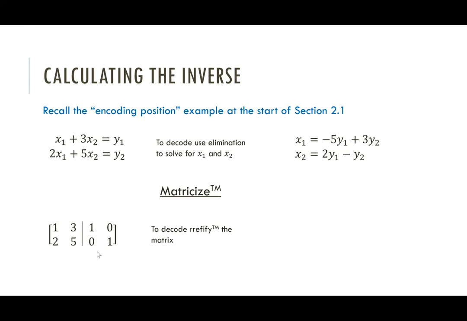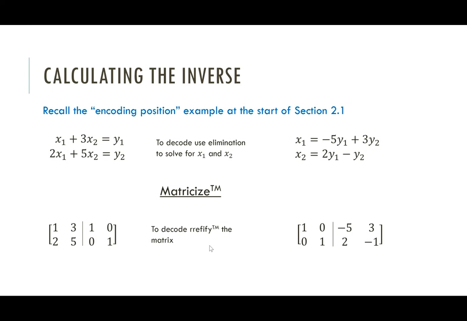Then to decode the system, we're solving for x1 and x2, which means we should find the reduced row echelon form, and that will solve for x1 and x2. So we refify this augmented matrix. I know you probably thought I was done with this gag the last time. I'm not.